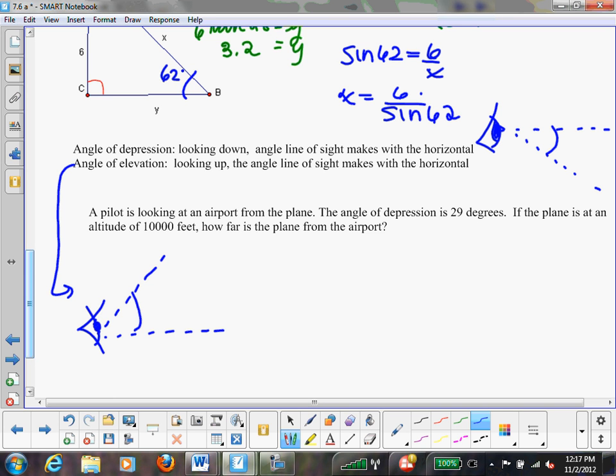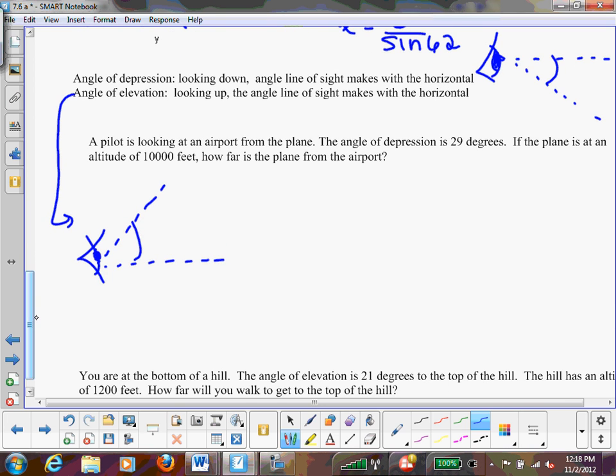Good. Okay? All right. So, a pilot is looking at an airport from the plane. Where is he probably if he's in the plane? Up in the sky. All right. Again, no making fun of Mrs. Dunn's drawings.